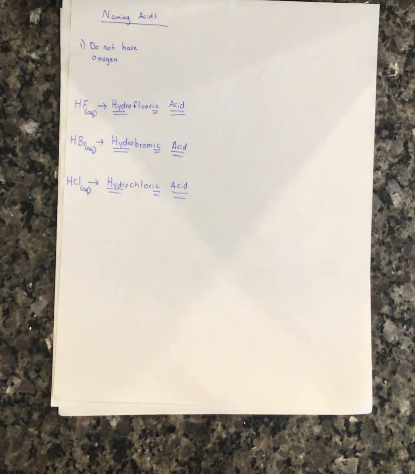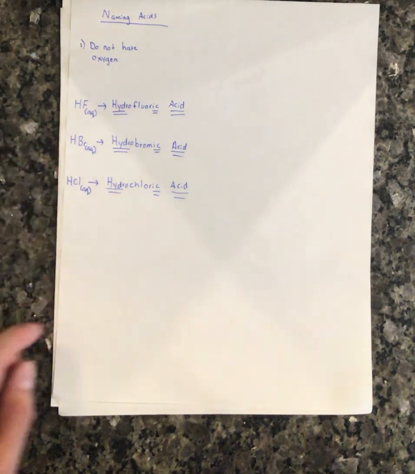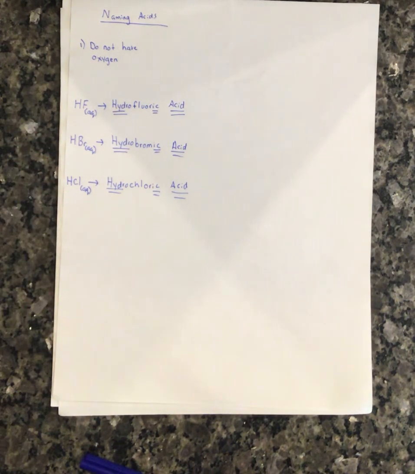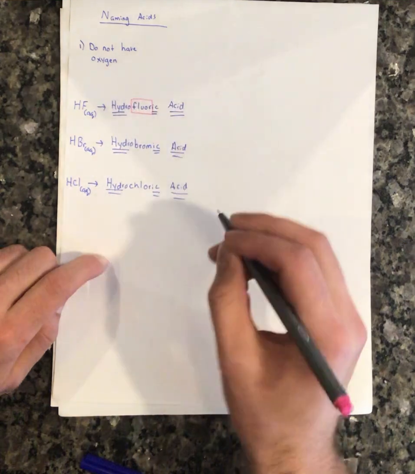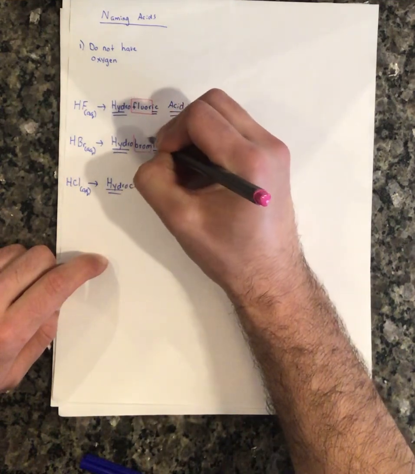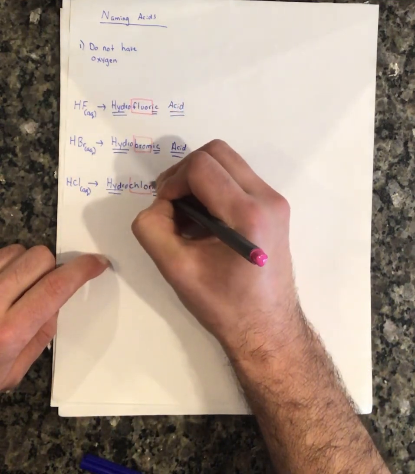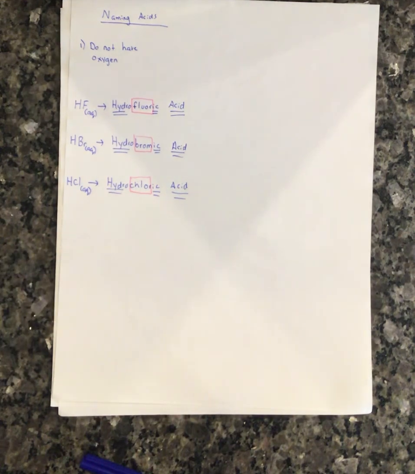How you would do this is by looking at the root word. I'm going to just highlight here. We have fluor, we have brom, and we have chlor. From those root words, you should be able to pick out that fluor means fluorine.